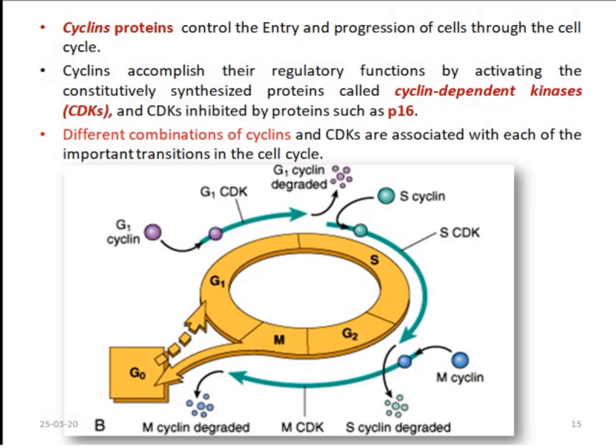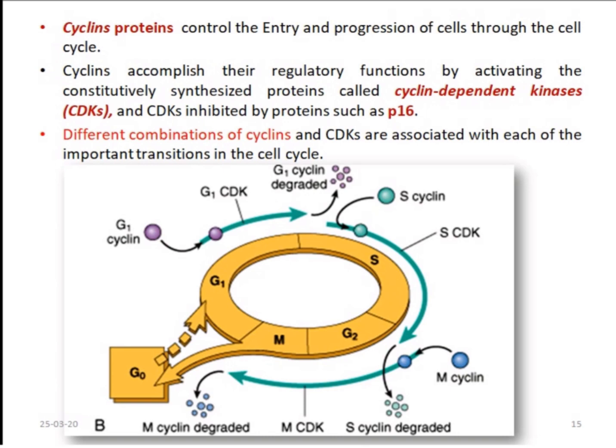Once this CDK is activated or synthesized, it will take the cycle forward into the S phase. Once it moves from G1 to S phase, the G1 cyclin will degrade. When G1 cyclin degrades, you need another cyclin protein there, called the S cyclin protein. S cyclin protein will synthesize another kind of CDK, called S CDK.